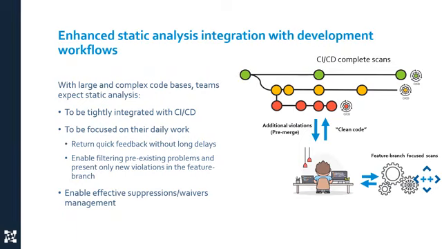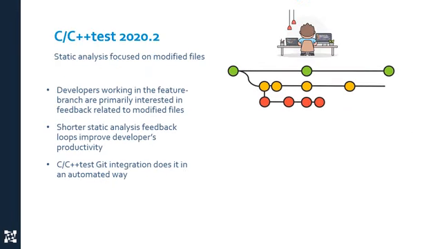So now let me share with you some more details on how our new release enhances static analysis usage in this kind of workflows. And first, let's focus on the developer working locally with the feature branch.